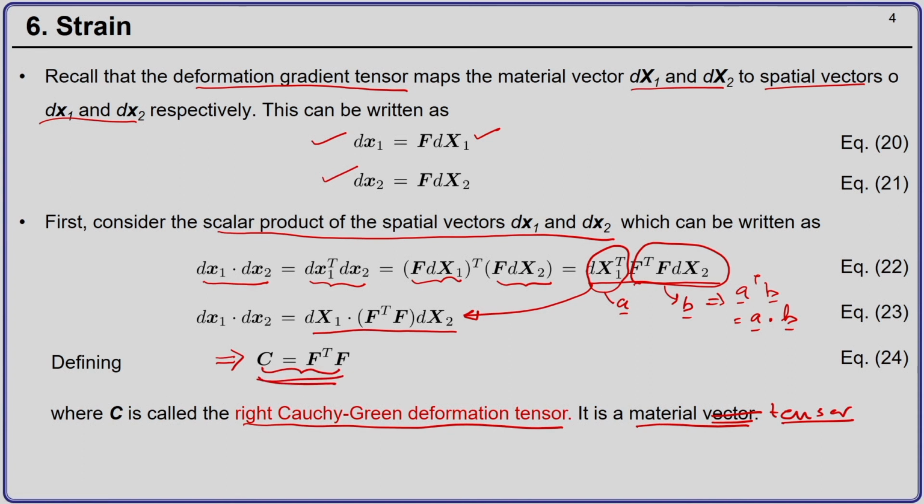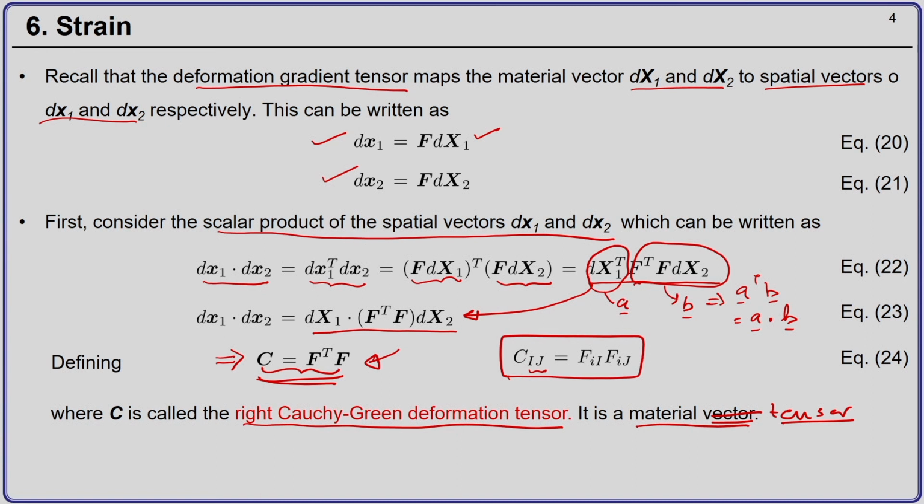I can express the same in indicial notation. This is the indicial representation of the direct notation for the right Cauchy-Green deformation tensor. So we have C capital IJ.